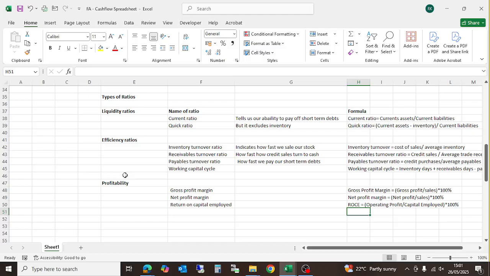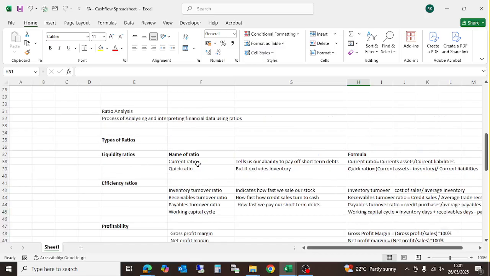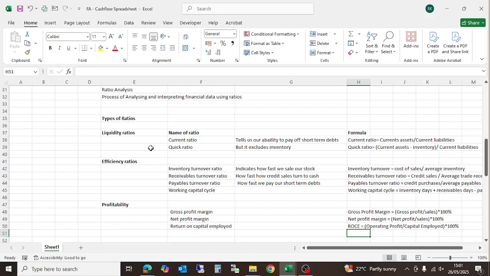We are only remaining with a number of other ratios like the gearing ratios, for instance, the debt to equity ratio and the interest cover ratio. We're only remaining with the gearing ratios so as to finish up all the ratios. For you to finish up all the ratios, you need to understand the liquidity ratios, efficiency ratios, and the profitability ratios.